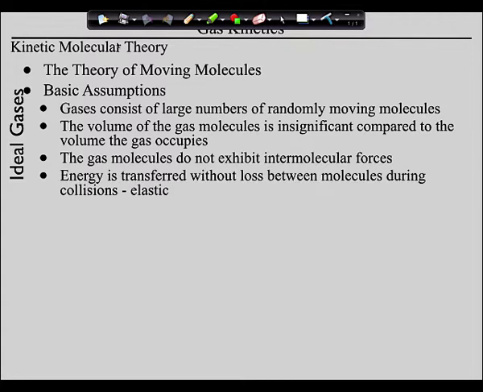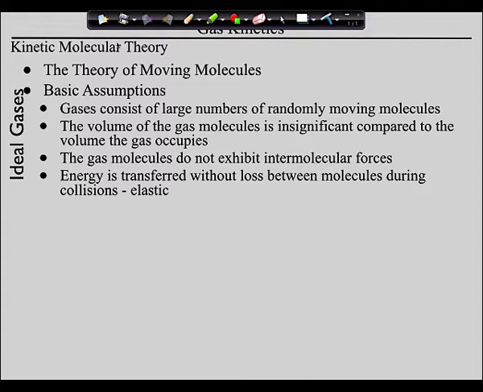This is going to be our baseline understanding: when molecules hit other molecules, they do not lose energy. For those of you that have taken physics, you may understand that the name we give to that is an elastic collision, as opposed to an inelastic collision, in which energy is actually lost.